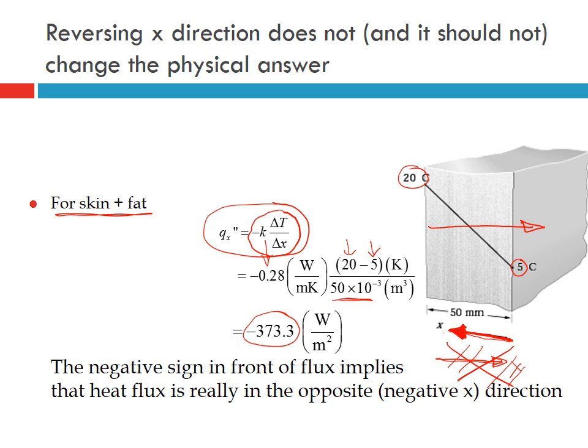Of course not. So what is the meaning of minus 373? That means heat flows in the positive x direction to the tune of minus 373, which means heat really flows in this direction. So we are consistent with the previous formulation.